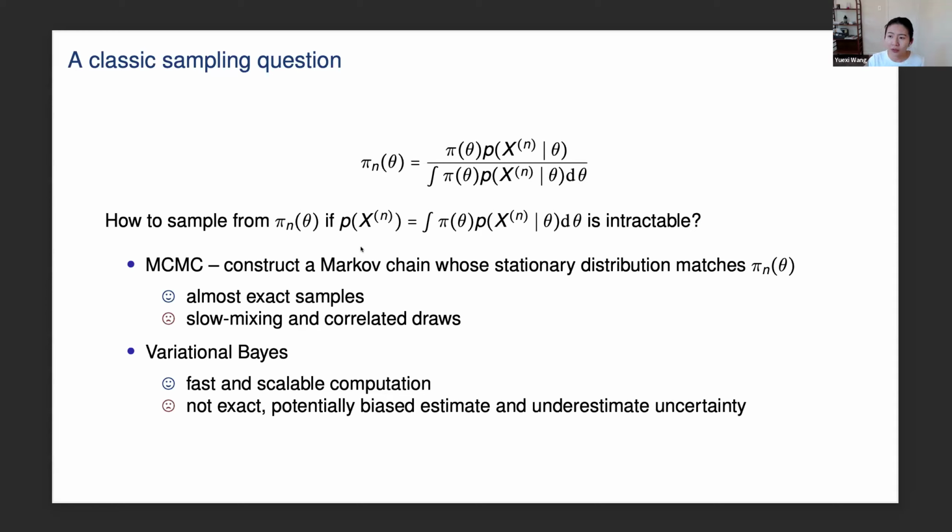The two most common approaches for this type of problem are, first, the MCMC family. Essentially, we want to construct a Markov chain such that its stationary distribution will match the target distribution. The benefit of using MCMC is that once your chain has converged, you will get almost exact samples from the target distribution.